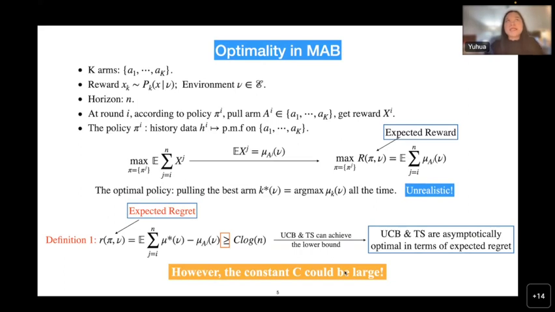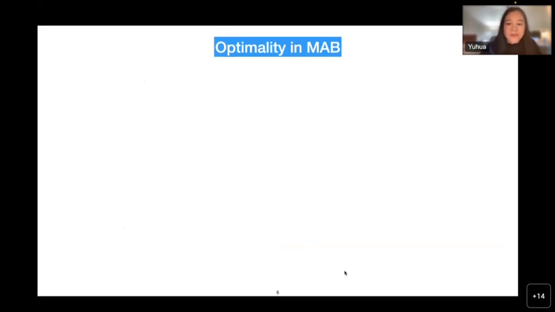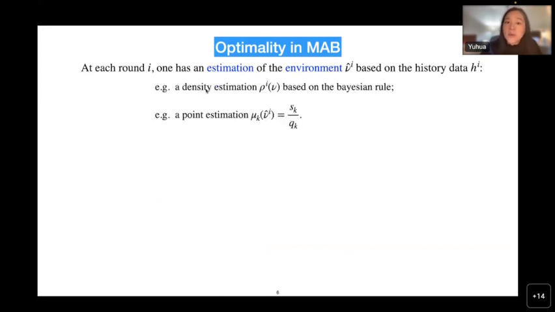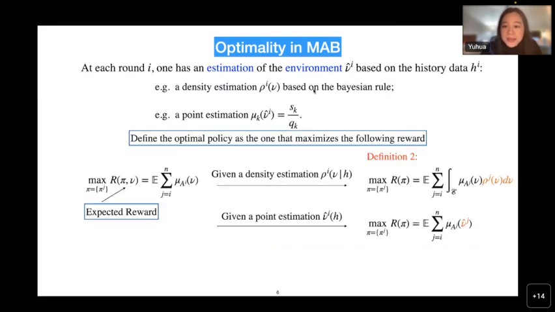So the question is, can we have another optimality definition based on the estimation of the environment, mu hat? For example, a density estimation based on the Bayesian rule, or a point estimation, which is the empirical mean. Based on these two estimations, can we define an optimal policy?